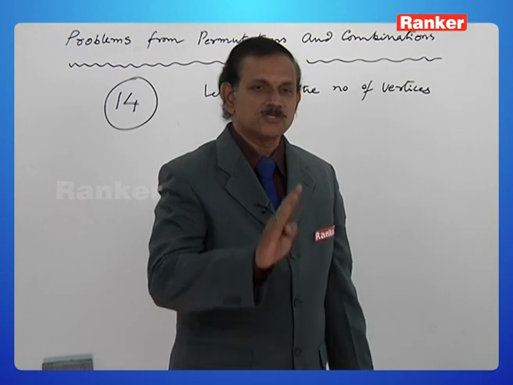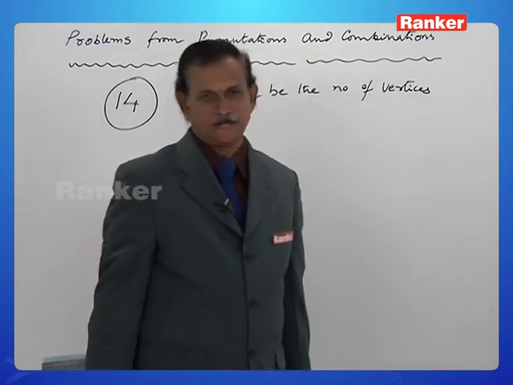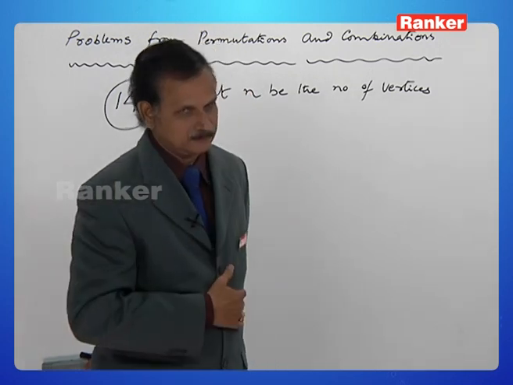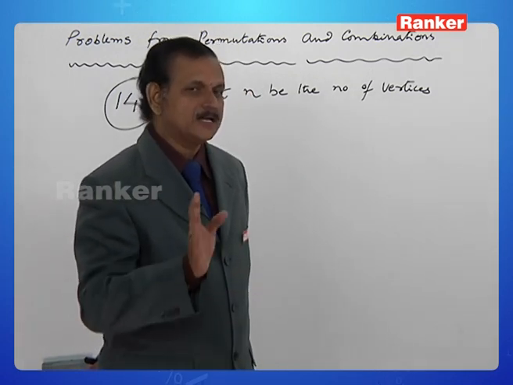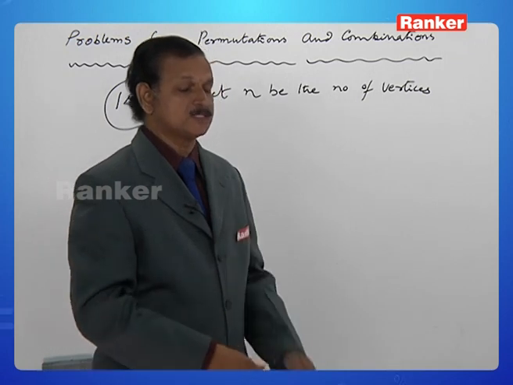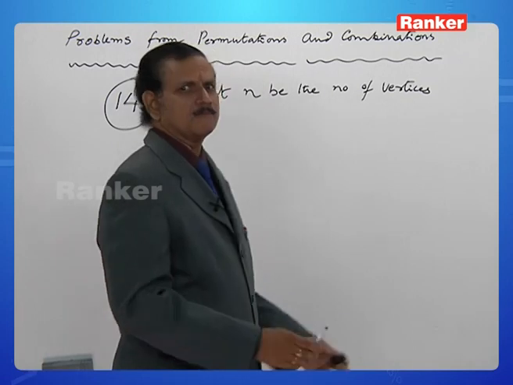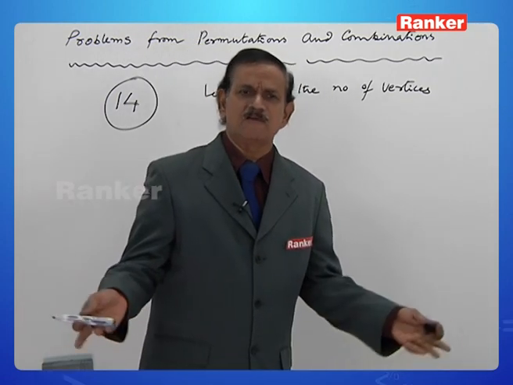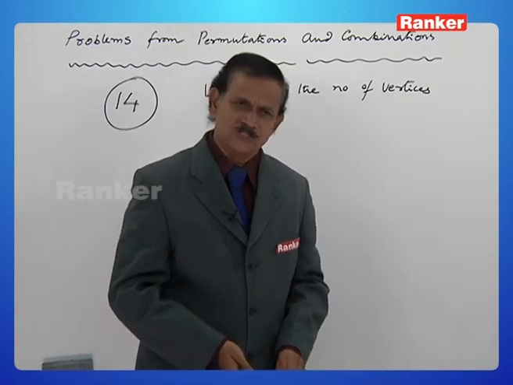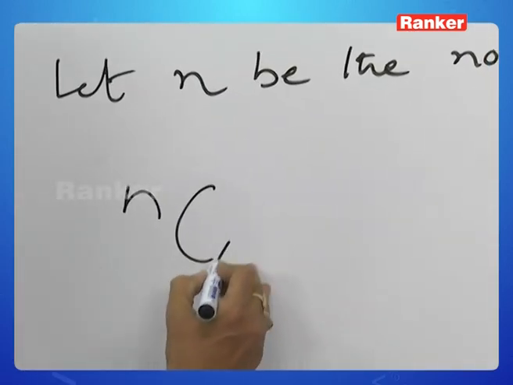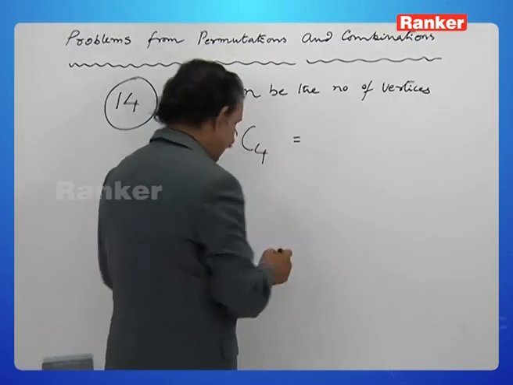So, if you choose 4 vertices, one point of intersection of the diagonals is going to be observed. Like that, what is the total number of points of intersection of the diagonals? The number of ways in which you can choose 4 vertices out of n. That's all.